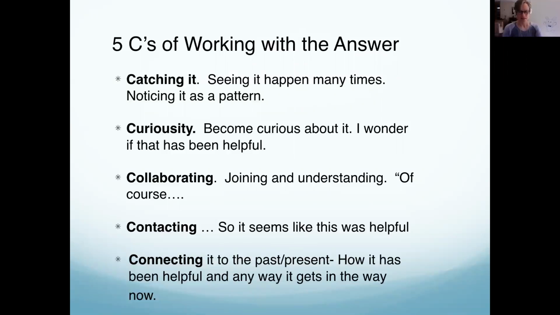Okay. So once you understand it, that helps you have a way in. So now there's some way that we're seeing that it does get in the way.